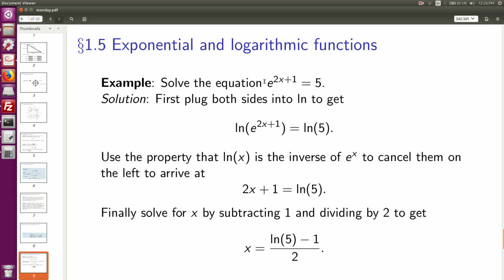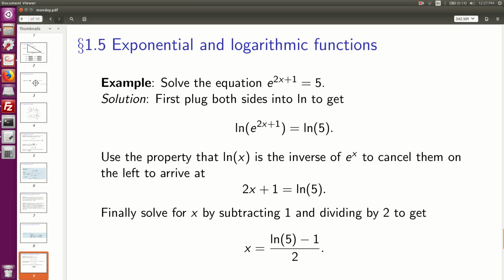Well, okay, like I said, logarithms are the inverse of exponentials. So if I want to get rid of this e, what do I do? I plug this left side into ln, and I get this expression. Now, if I do something to one side of an equation, I have to do the same thing to the other side. So I must also plug this side into ln, and I get this expression over here.